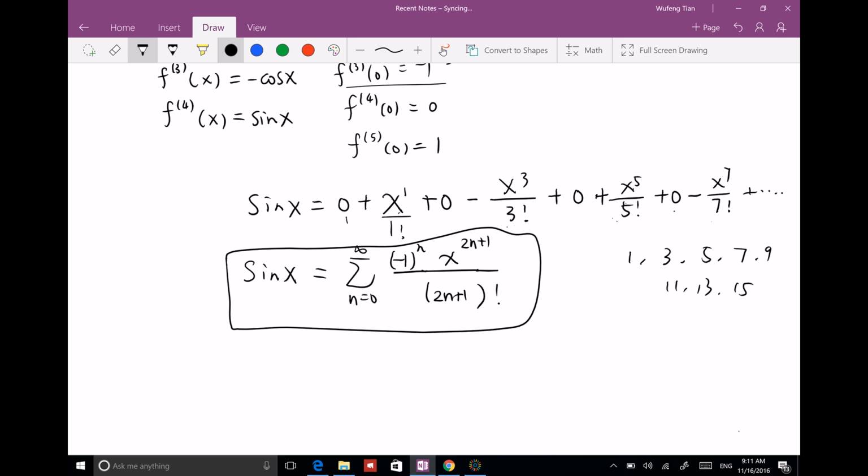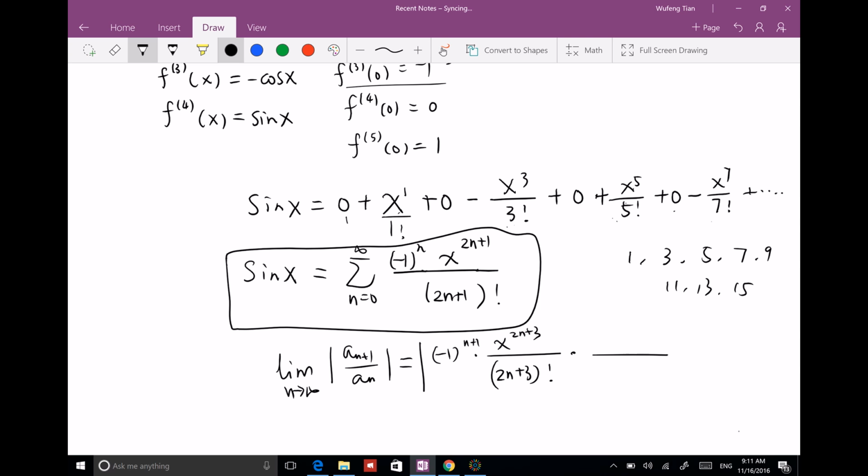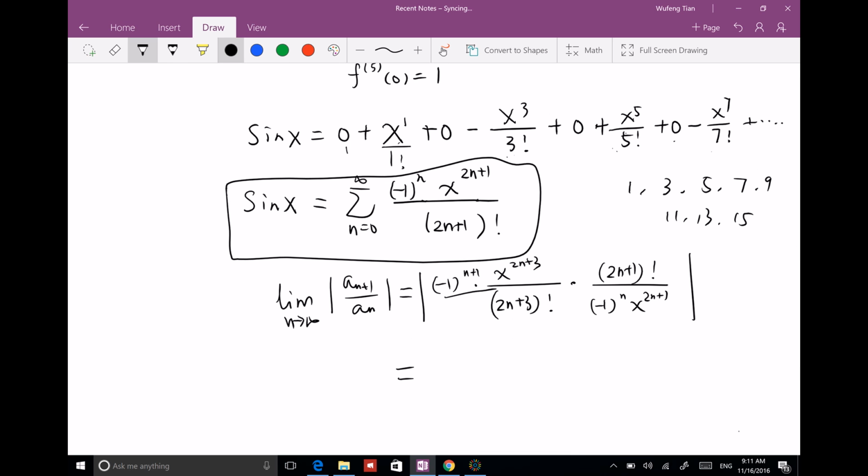What you can do is take the limit as n goes to infinity of a_{n+1} over a_n. So you only look at this: negative 1 to the power n times x to the 2n plus 3, factorial, over negative 1 to the power n times x to the 2n plus 1, factorial. Basically, you use a_{n+1} over a_n and you simplify.